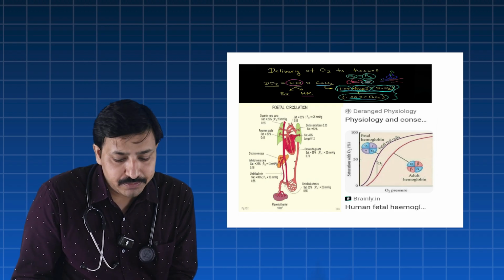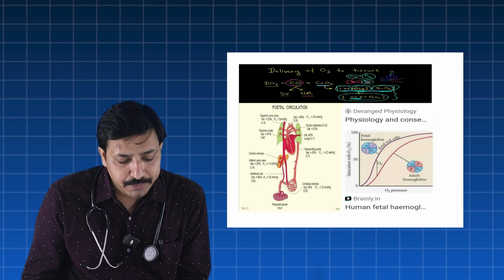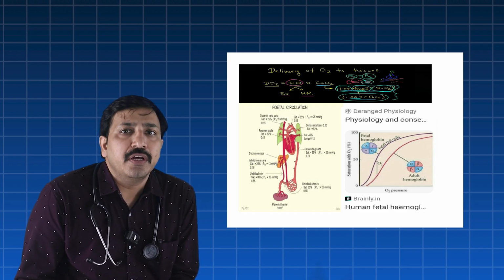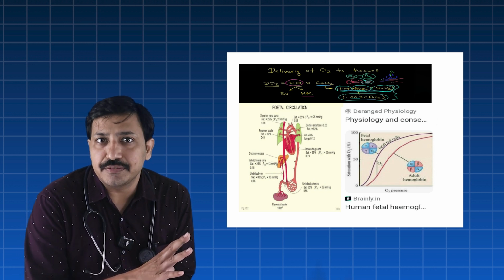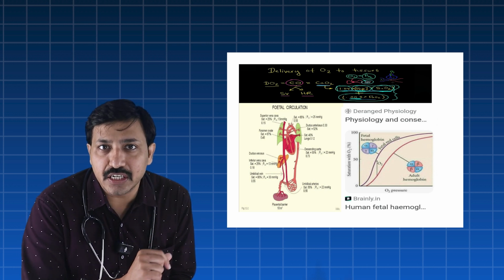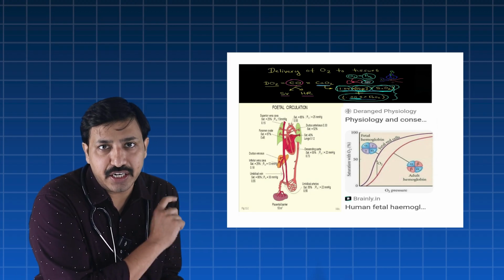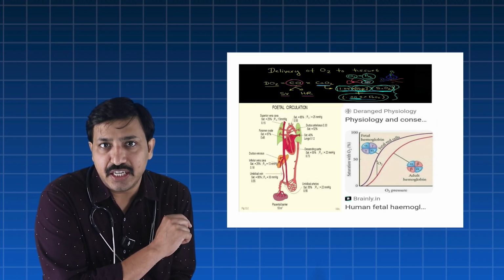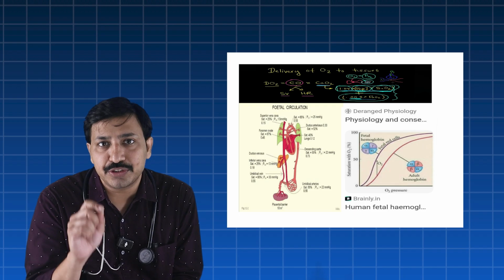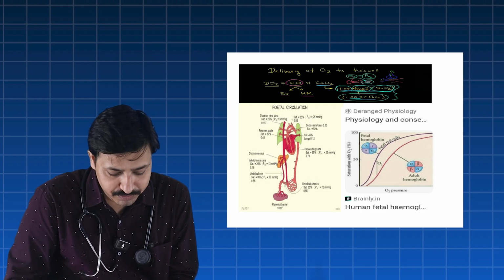If you see the things in this slide, this is slide number 16. This shows the fetal circulation and the fetal hemoglobin. In the fetal circulation, the max saturation is happening at the ductus.